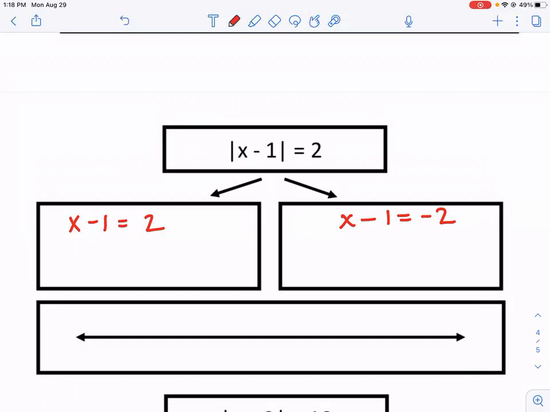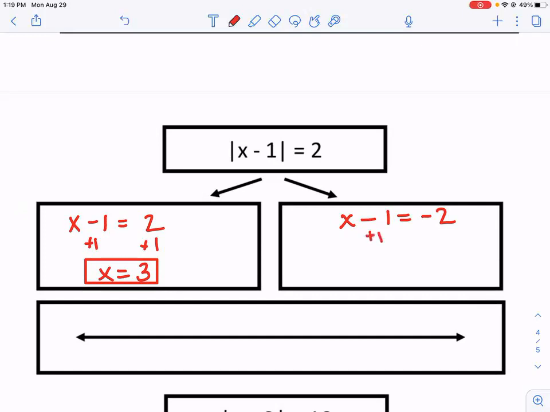Okay, so over here, x equals what? 3. Our enthusiasm is just overwhelming. Thank you, Colin. Okay.